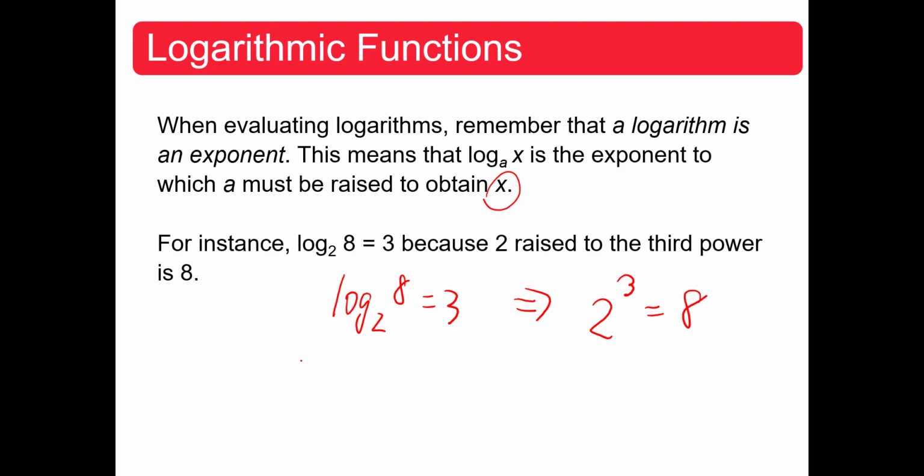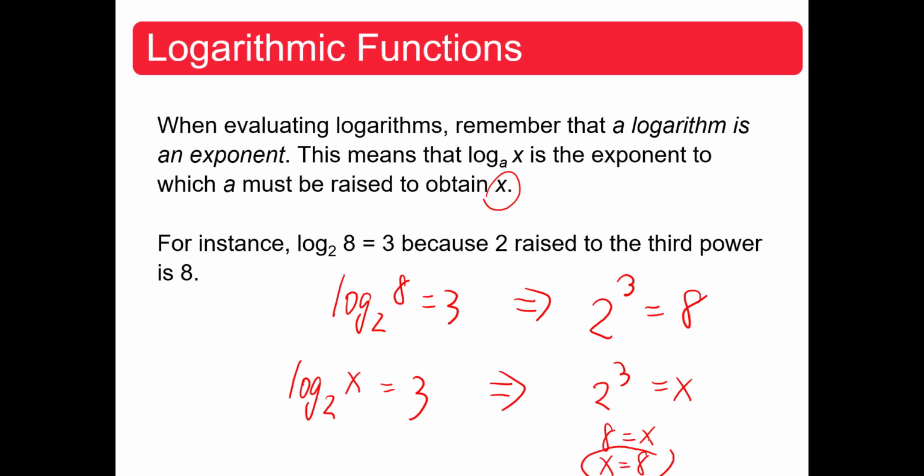If we have something like log base 2 of x equal to 3, then we know that 2 to the cube equal to x, right? So that means x equal to 8. If you have an unknown in the logarithm, you can also convert it back to exponent and solve for the unknown.